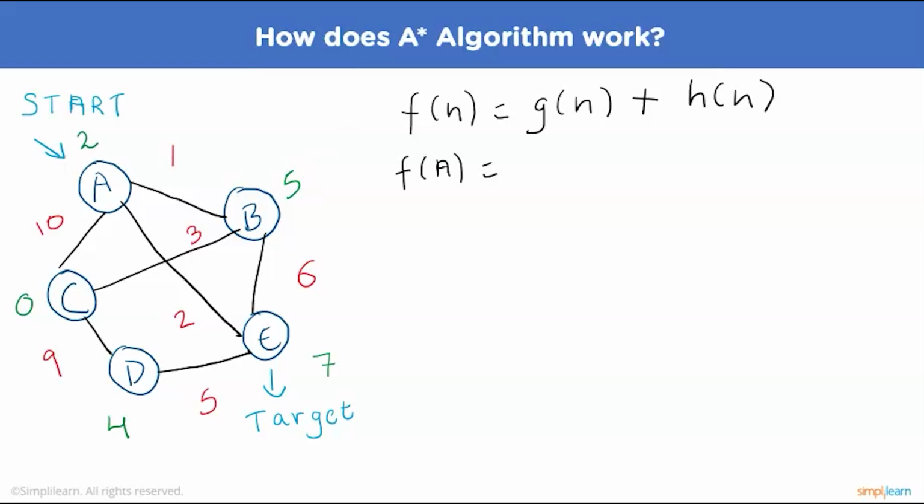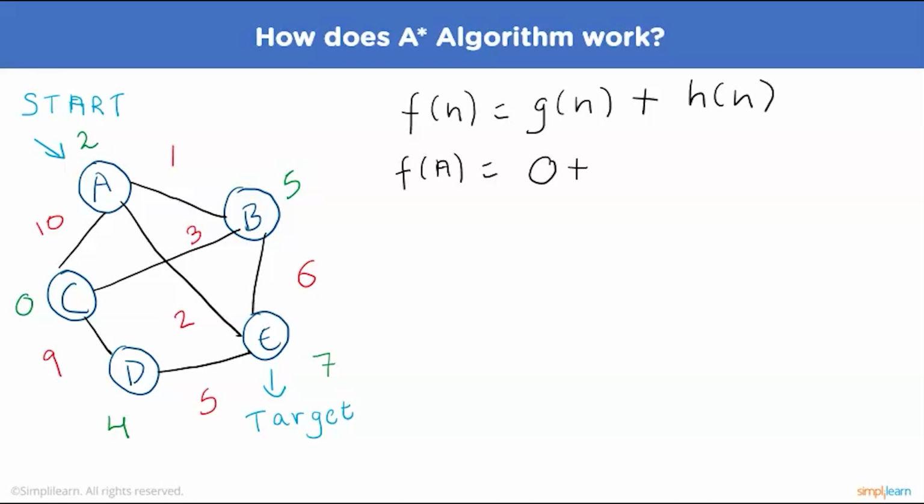Now f of A here is going to be the path value plus heuristic value. Because A is the starting node and there's no other node leading up to it, it is the parent node itself. So the path value here is going to be 0 because there's no path leading up to it. It's the starting node, and the starting node always has a path value of 0.